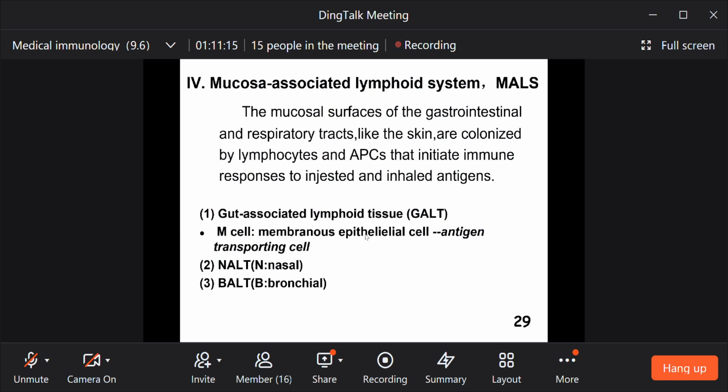The mucosal surface of the intestinal and respiratory tract, like the skin, is colonized by lymphocytes and APCs that initiate immune response to ingested and inhaled antigens.